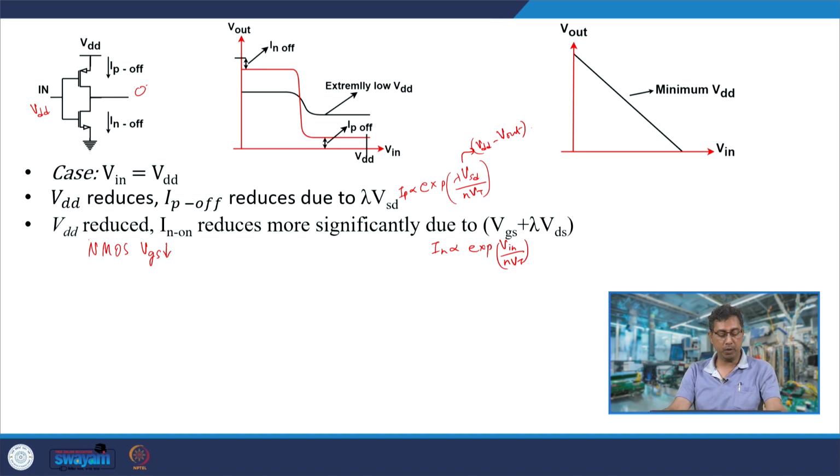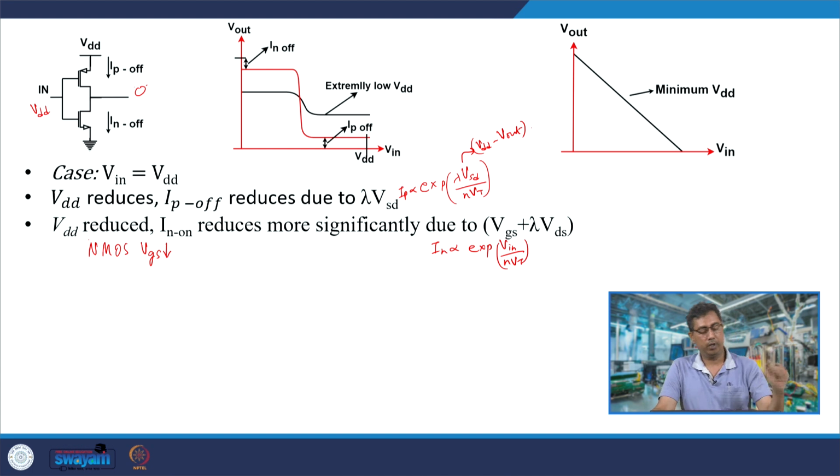So, for the PMOSFET, its terminal voltage VSD is reducing, and its VSG is also reducing in magnitude. And the NMOSFET is supposed to pull the output voltage to 0. Its current is also reducing because its gate voltage is reducing.